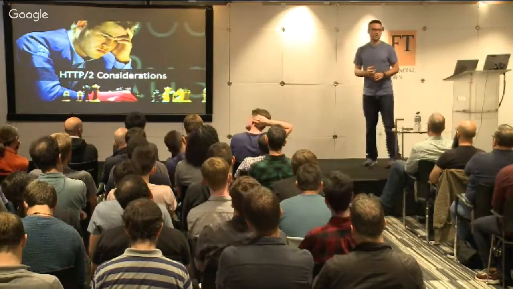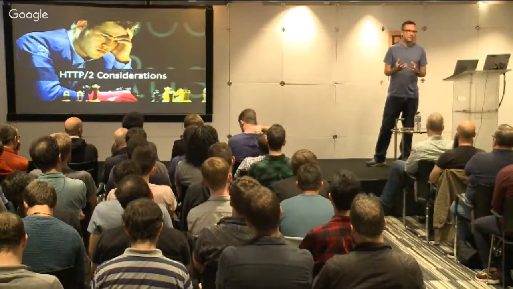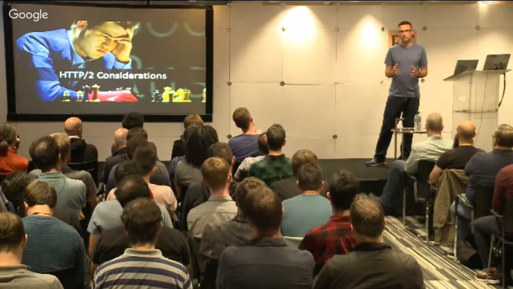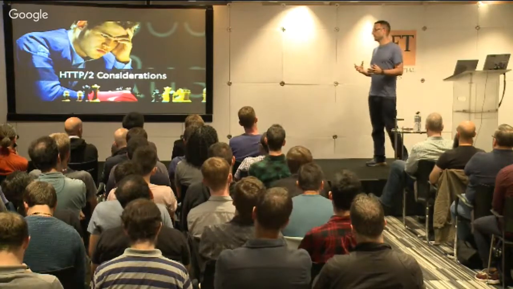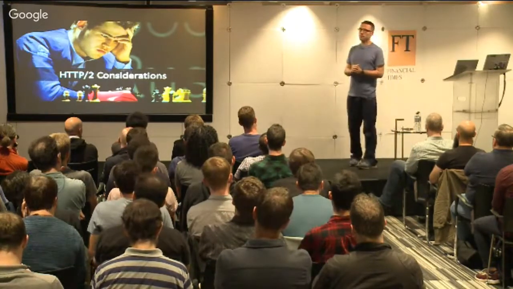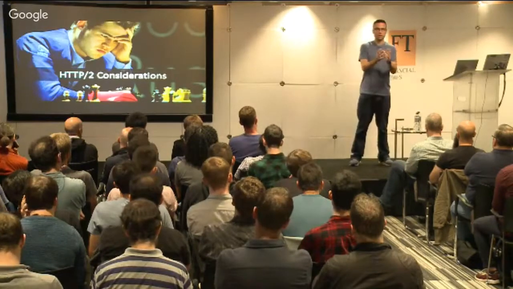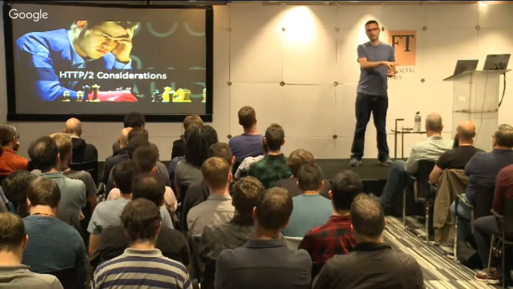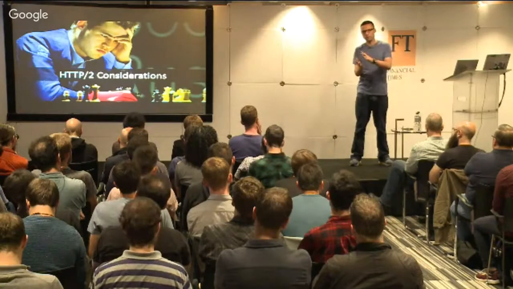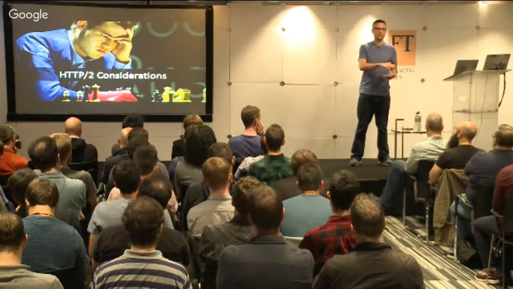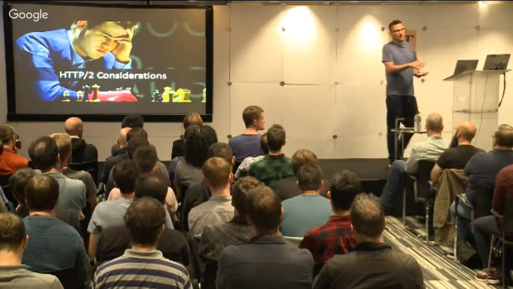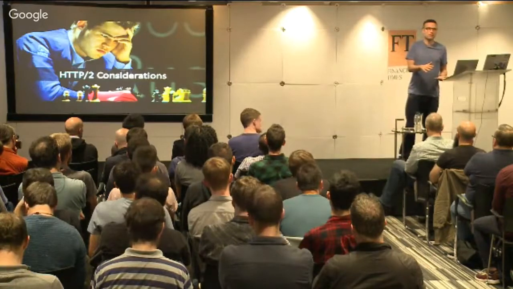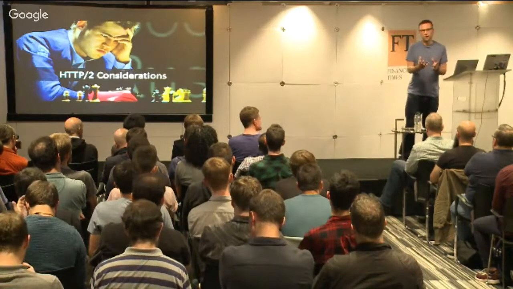So IE on XP won't actually run H2 at all. And on XP, depending on how TLS is implemented, it might not even run HTTPS either. So if the fallback from H2 is to 1.1, that also might break, so that the user actually sees nothing. So it's not a quick win, 100%.